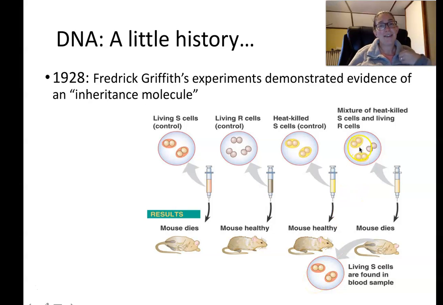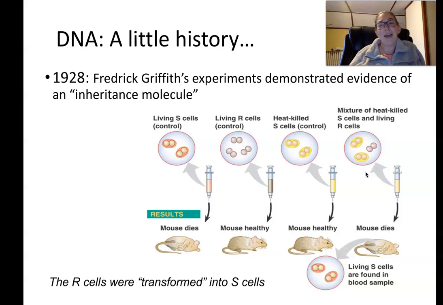So those dead S cells essentially transformed the live R cells into S cells, into these killer types of bacteria. And so he started referring to this inheritance molecule as a transforming principle, that these cells were transformed, and so there's some kind of transforming molecule.